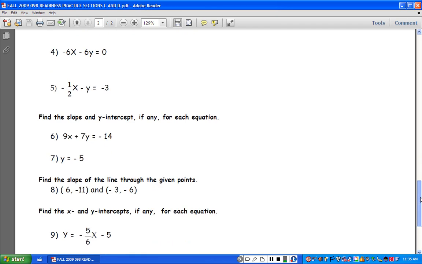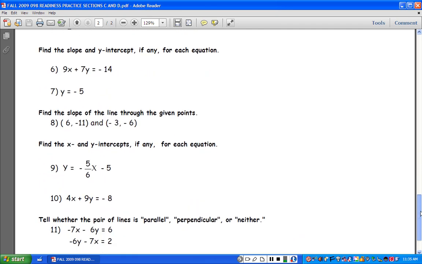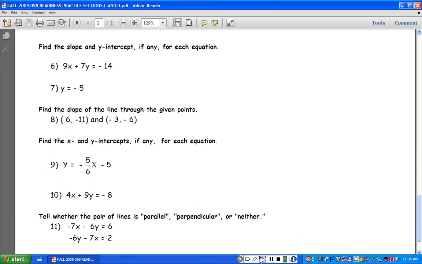I'll scroll down for the remainder of our problems. Alright, problem number 6 and 7. Find the slope and y-intercept, if any, for each equation.